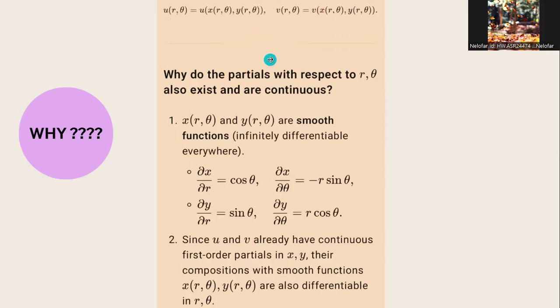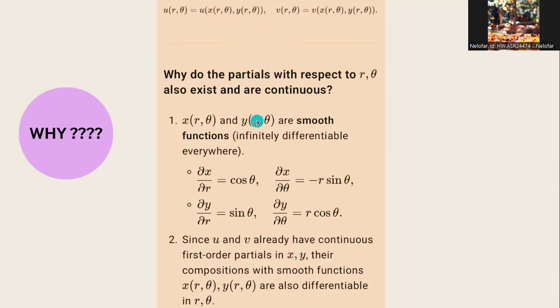From these transformations, you can check that since cos theta and sin theta are trigonometric functions, they are smooth functions. And what we mean by smooth functions are infinitely differentiable functions. Since trigonometric functions are infinitely differentiable, x and y both are smooth functions, that is infinitely differentiable.